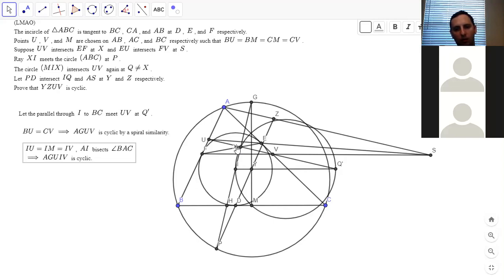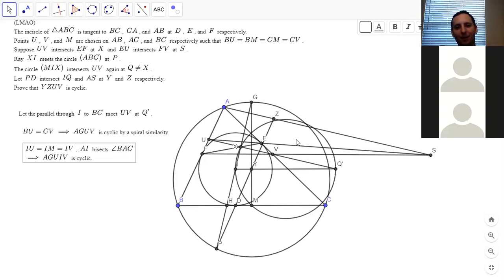If you define it as the intersection of IG and UV, then we need to prove that UF is equal to EV. So by Menelaus on F, X, and E, we have FU over FA times EA over EV times XV over XU, but AE is equal to AV.